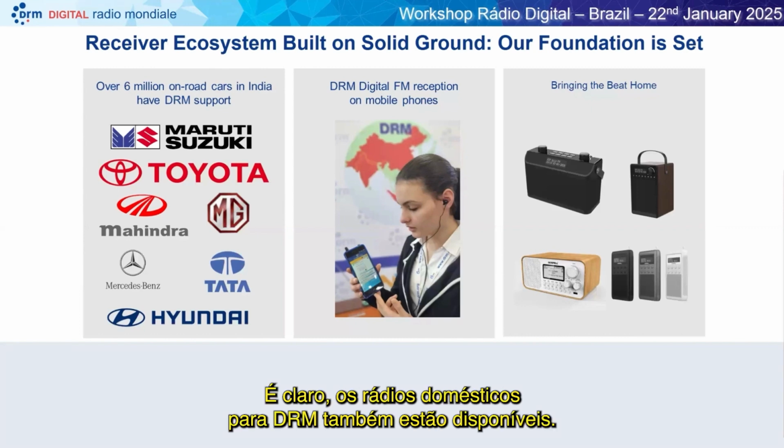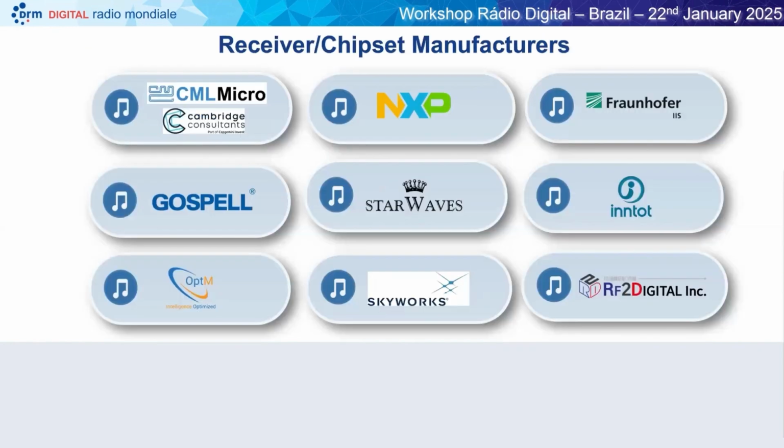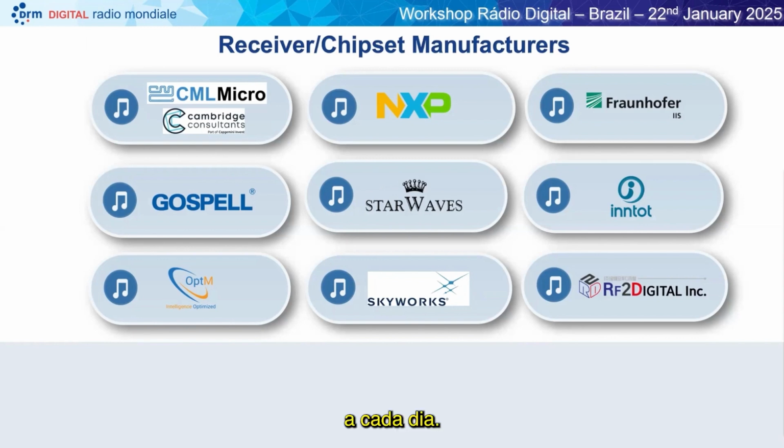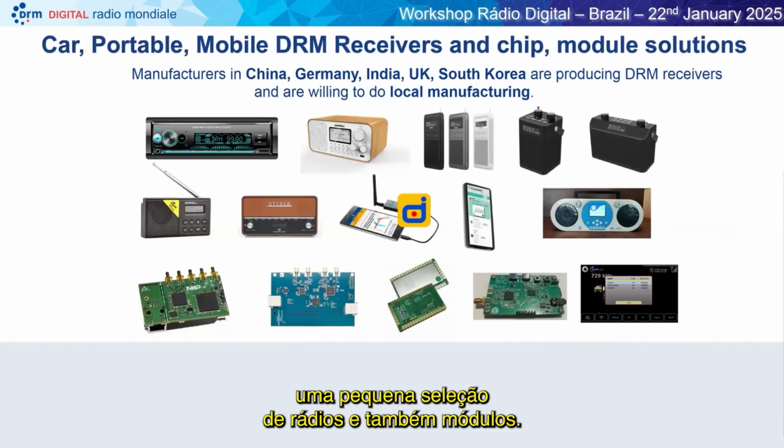Then, of course, the home radios for DRM are also available. So there are a number of brands that are making DRM receivers, and I think they are becoming more by the day. And here is a little selection of radios and also modules.